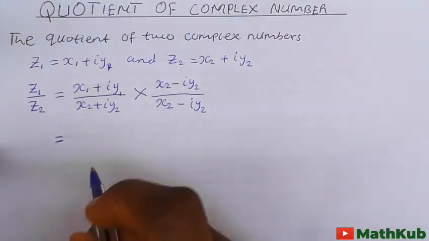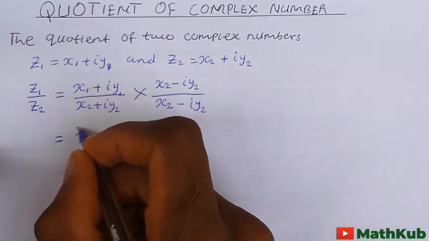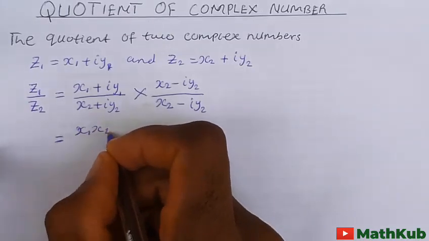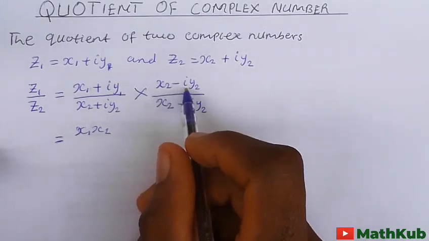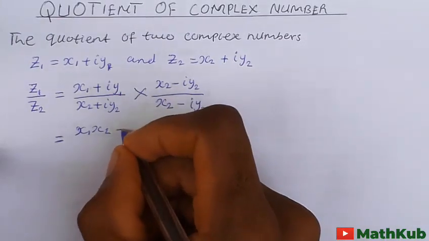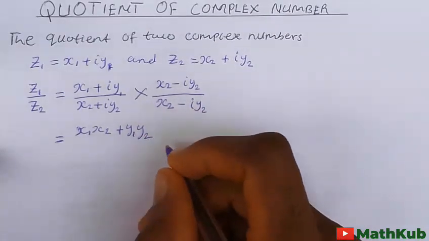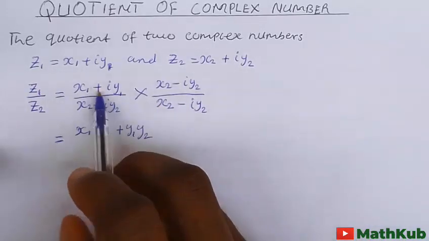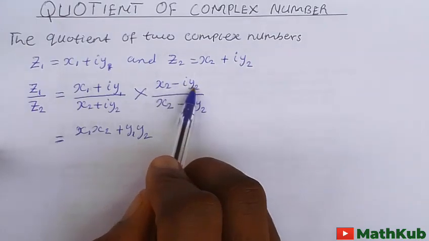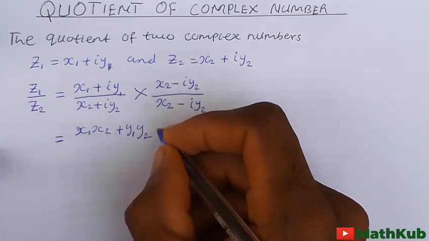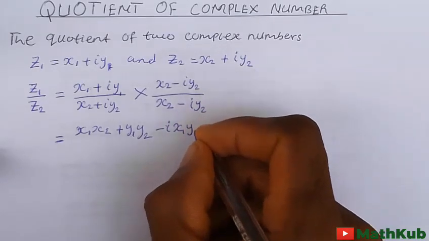We multiply x1 by x2, which we have x1 x2, and iy1 times minus iy2, we have plus y1 y2. Then x1 times minus iy2 is minus i x1 y2.